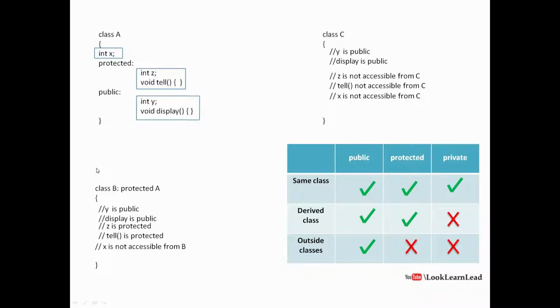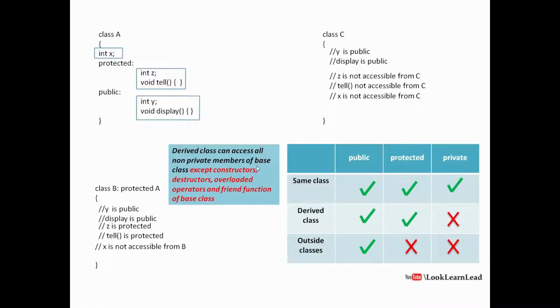But there is an exception. The constructor of the base class cannot be accessed, the destructor of the base class cannot be accessed, overloaded operators in the base class cannot be accessed by the derived class, and the friend function of the base class cannot be accessed.